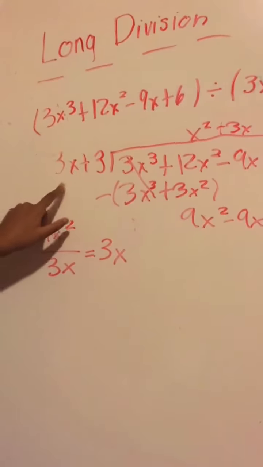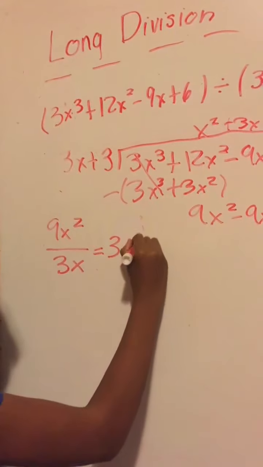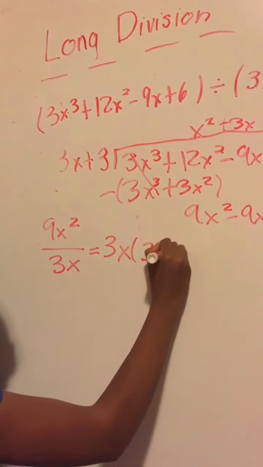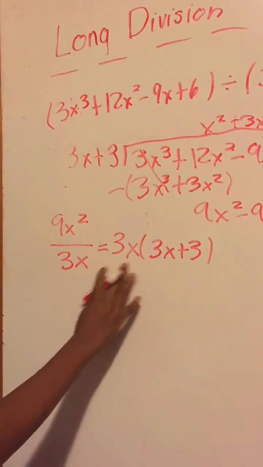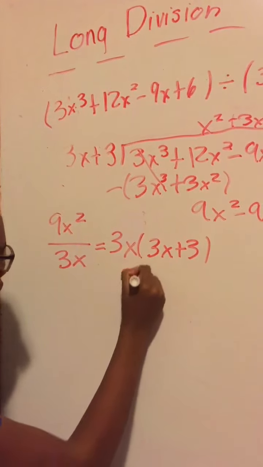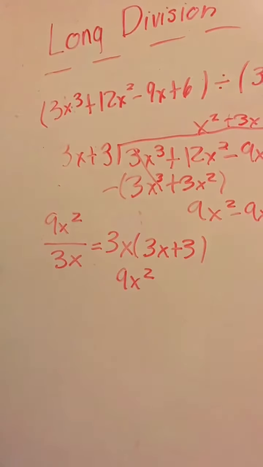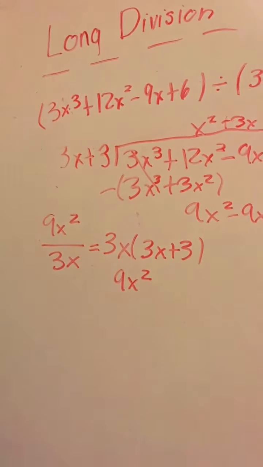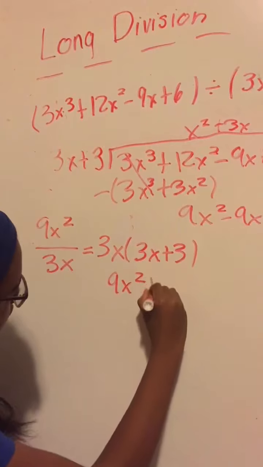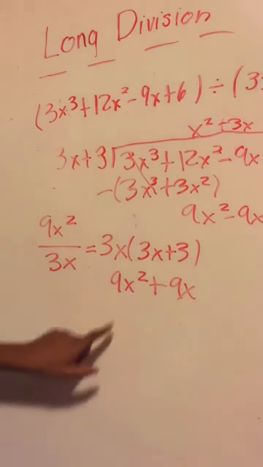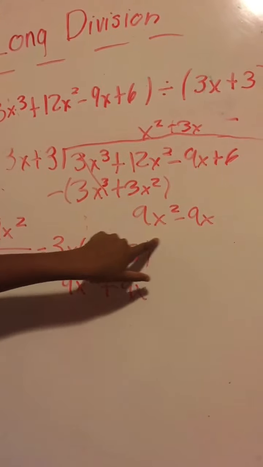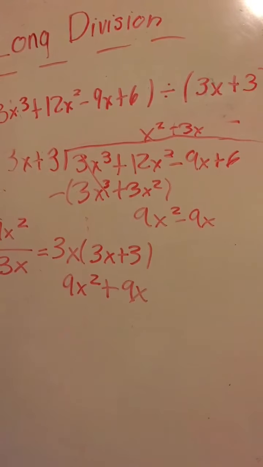Then you multiply it by your outside problem, so 3x times 3x plus 3. 3x times 3x is 9x squared. 3x times 3 is plus 9x.